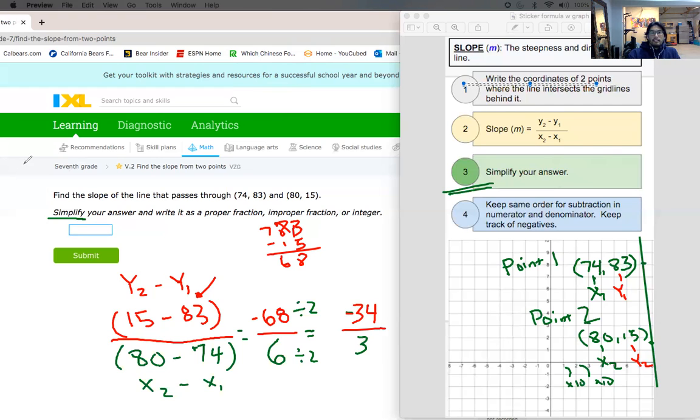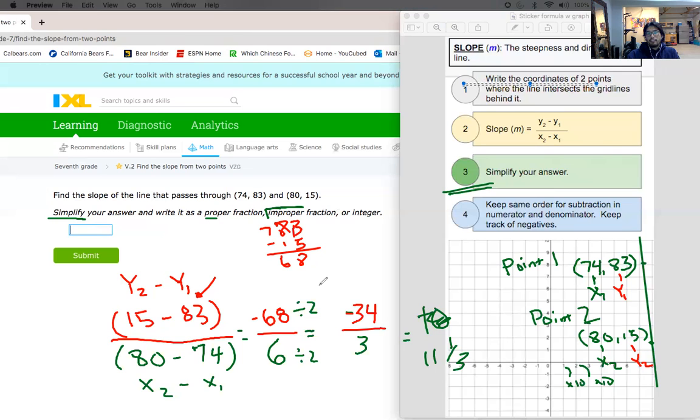This is written as an improper fraction. So I'm going to submit that as my slope. Negative 34 thirds. That's the same as, what, 10 wholes? No, 11 wholes and 1/3, 11 and 1/3. But I'm not going to do 11 and 1/3 because it says a proper fraction, which is one where the numerator is smaller than the denominator.